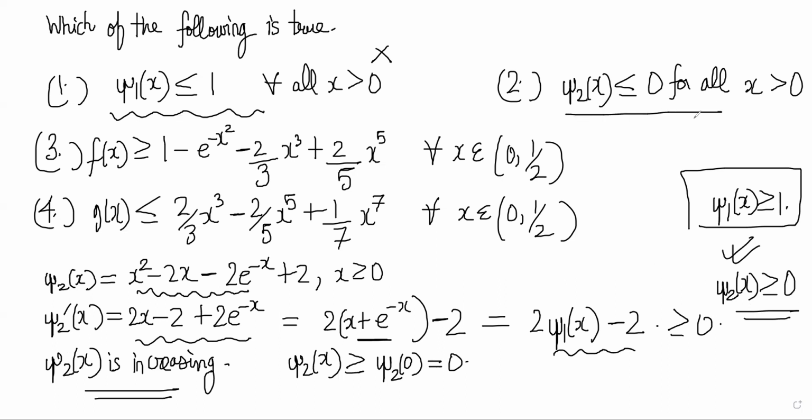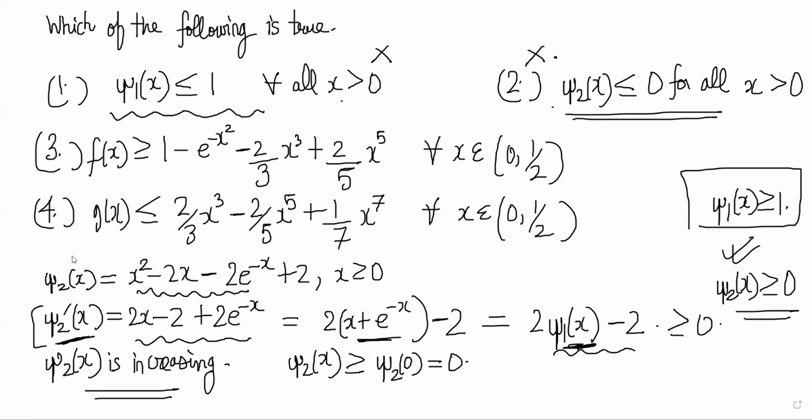Again, that contradicts option 2, so option 2 is also incorrect. Notice that when we took the derivative psi2 dash x, we used the fact that psi1 x is an increasing function and starts its values from 1. So we were able to get this very easily. So option 1 and option 2 are incorrect.